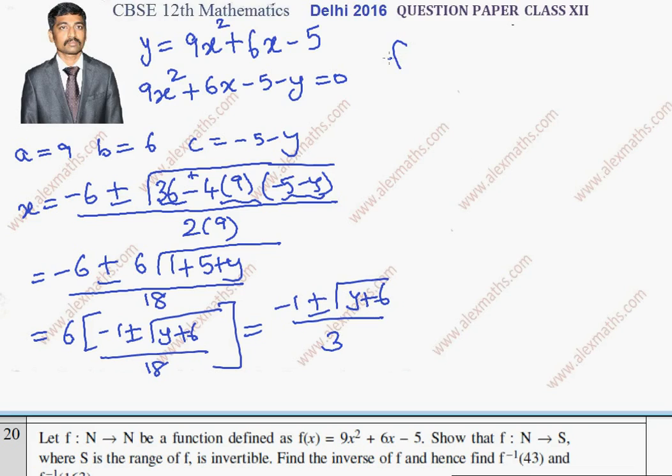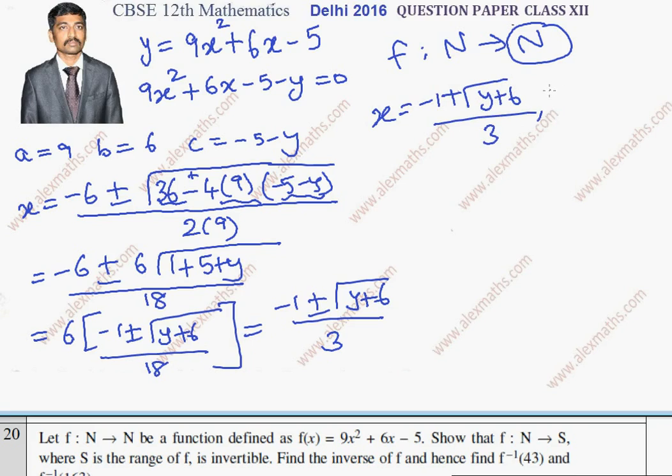And the function f is given from natural number to natural number in the starting. So y is a natural number, and if I take this plus or minus separately, we will be getting like this. Since x is also natural number, this is not possible because both are negative.